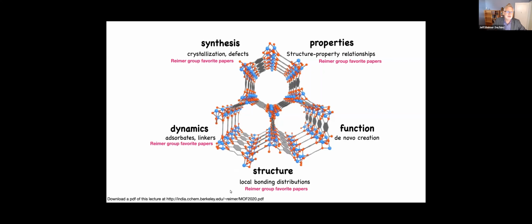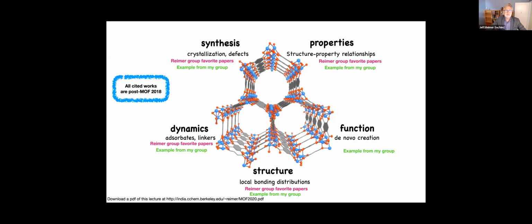By the way, if you're interested, notice on the bottom there's a link on the internet, and you can go to that link right now, download a PDF of this lecture, and follow along so that you have all the references. And then, of course, I will include an example from my group in slightly more detail because you can hold me accountable for the work that I've done. All these things are post-MOF 2018, that is after Auckland, so that we're looking at the most contemporary research.